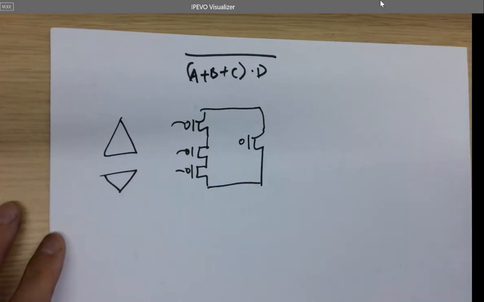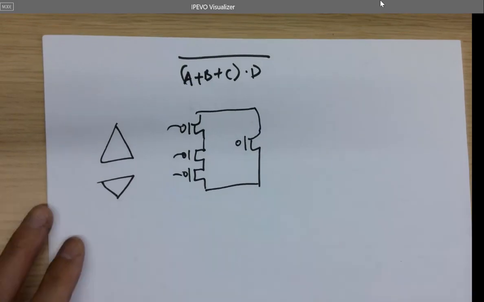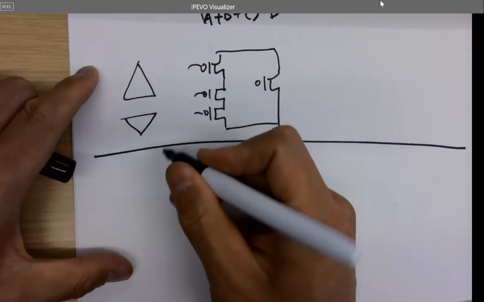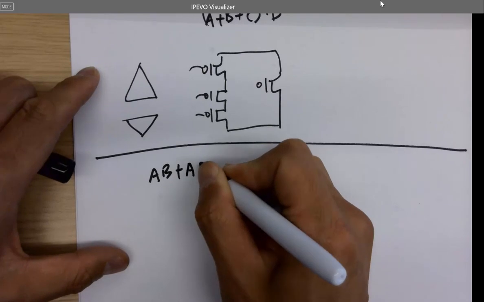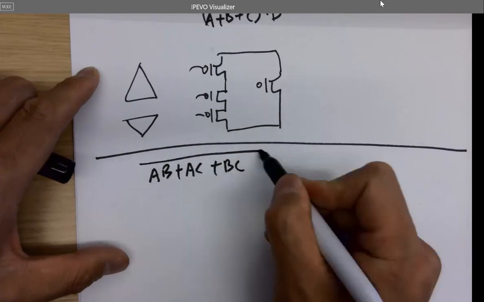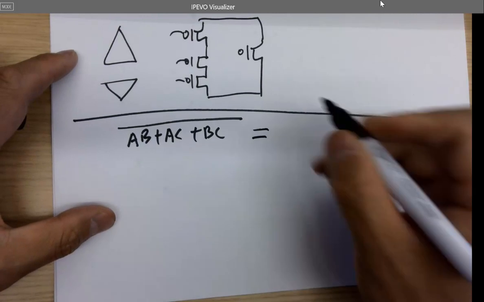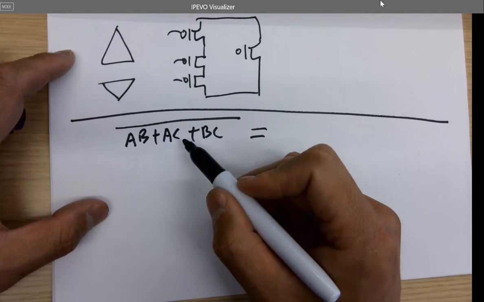I'll give you one more example. So I'm trying to simplify it a little bit because I can definitely combine some of the terms over here.